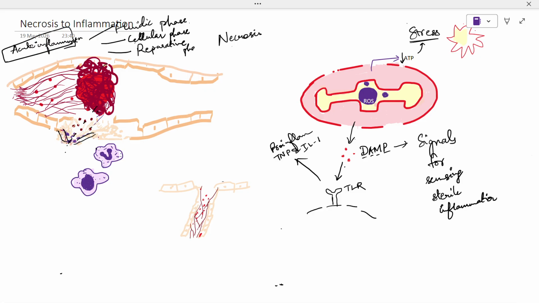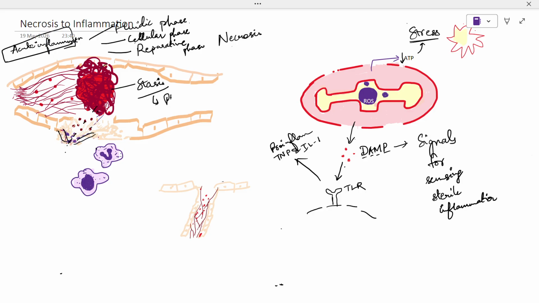Okay, so at the beginning of the acute inflammation, there is transient vasoconstriction followed by endothelial vasodilation, which leads to stasis of RBCs.